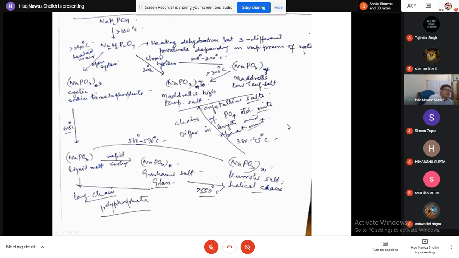So if you heat it in open air, a different product is formed. If you heat it in a closed system, a different product is formed. If the heating temperature is less than 240 degrees, heated in air, that's an open system, where air is allowed to interact, you get a cyclic trimer, cyclic sodium trimetaphosphate.